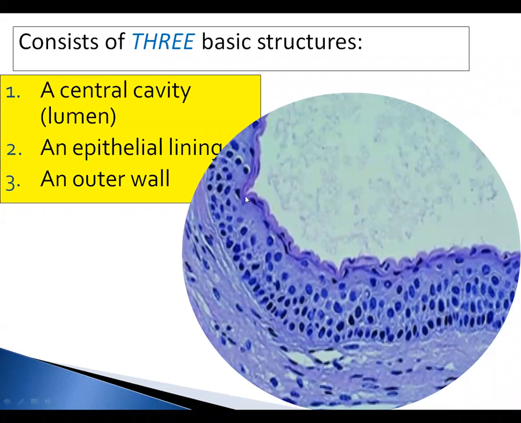See the corrugations present on the lining, and these are the pyknotic nuclei suggesting the parakeratinized lining. Then it is 6 to 10 cell layers thick, and the basal cells are showing palisading, and the underlying connective tissue capsule is seen.